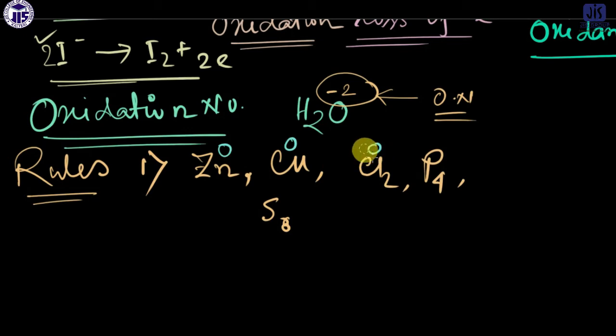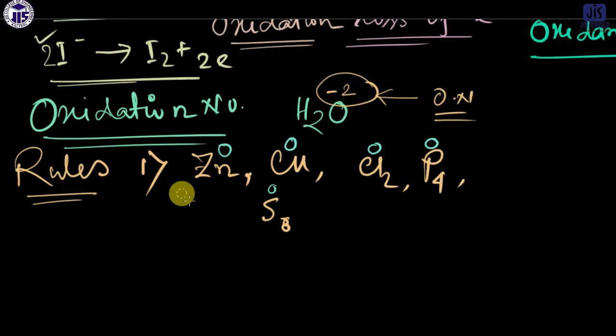This is the very important first rule of calculating the oxidation number: the oxidation number of any element in its free state must be 0.